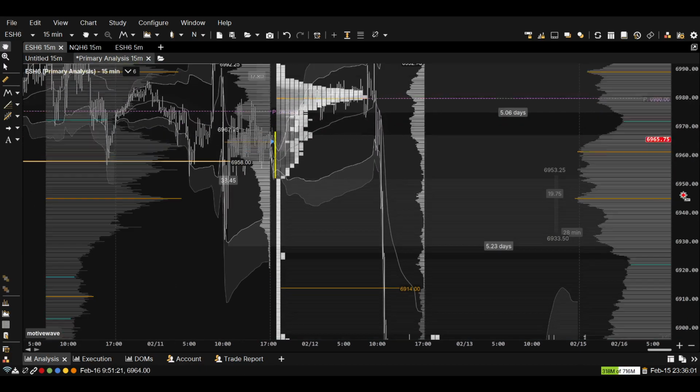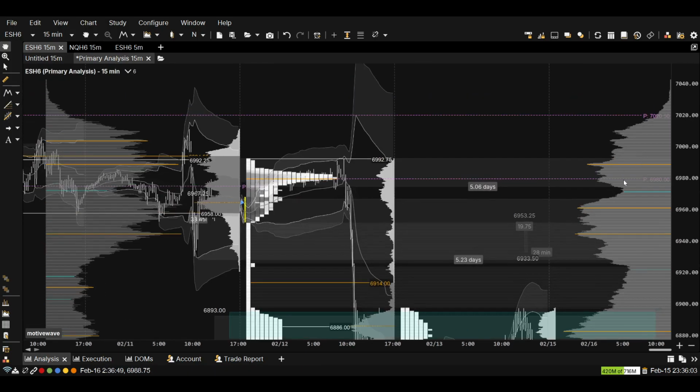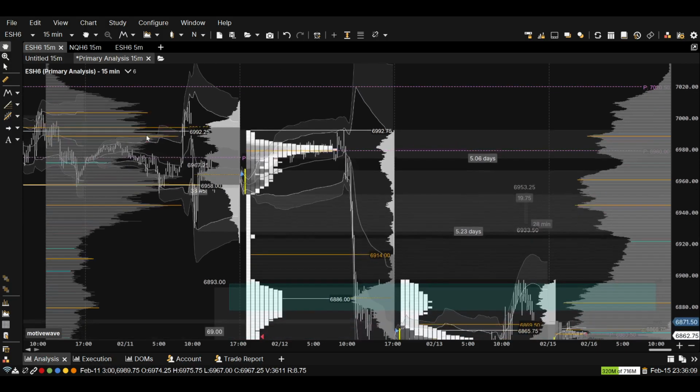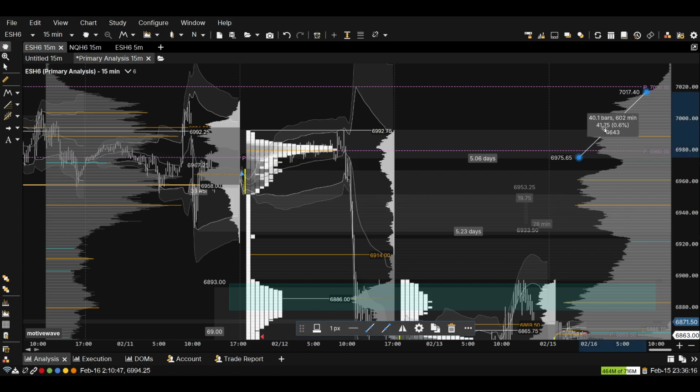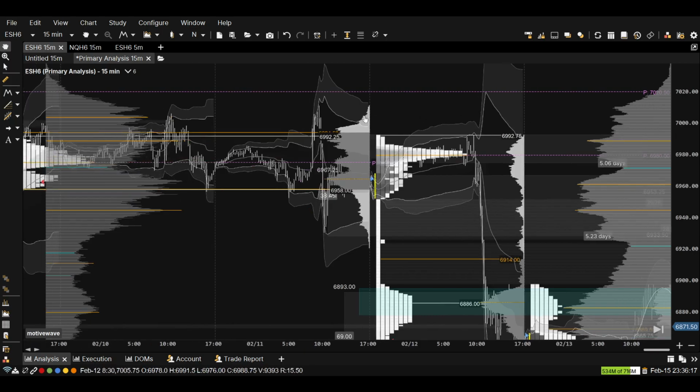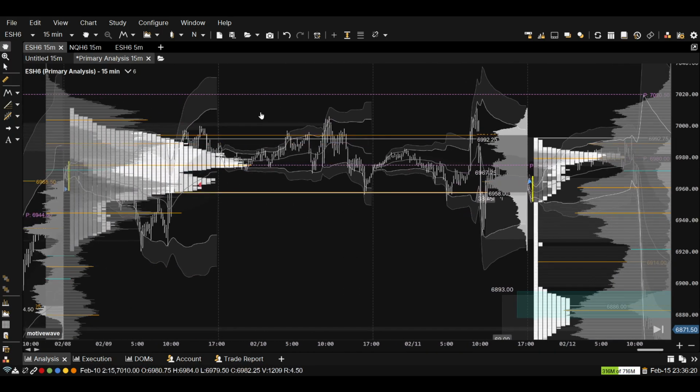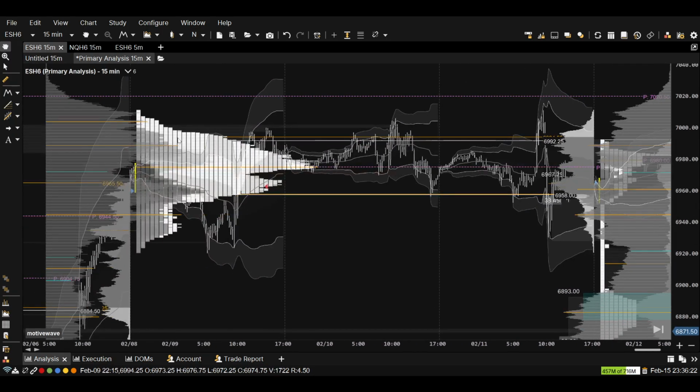We could say this is a huge high volume node. Wait a little. See this. This is a high volume node, but we have to see the most recent action here in the time price opportunity. This is a very important level.